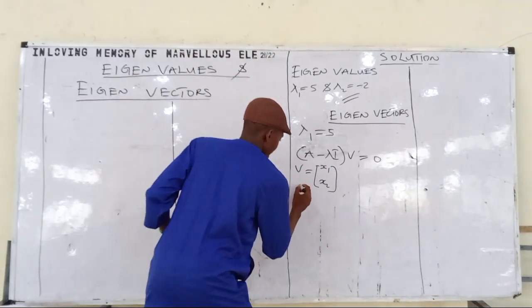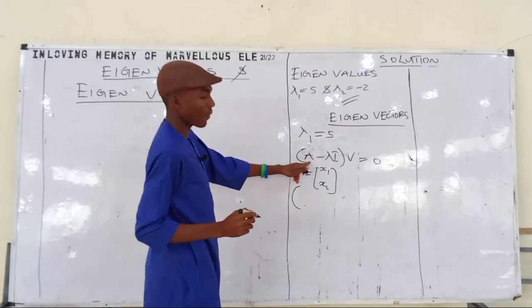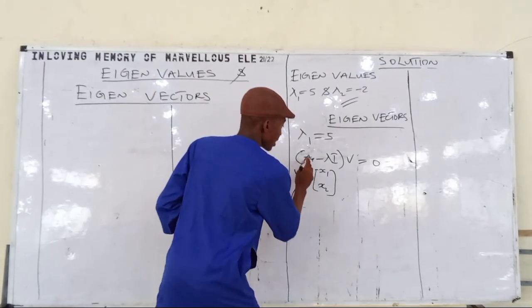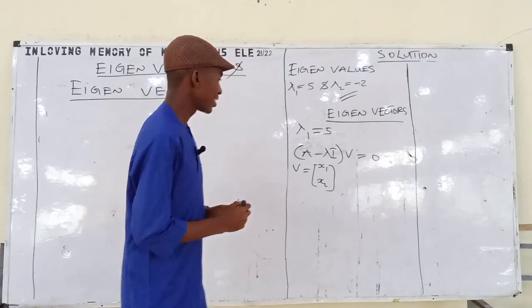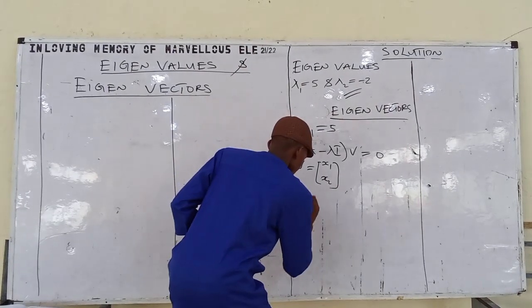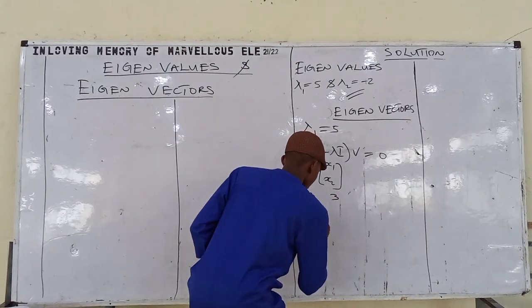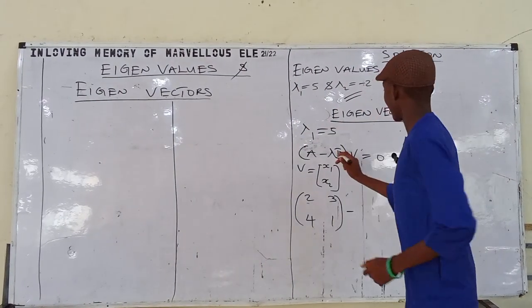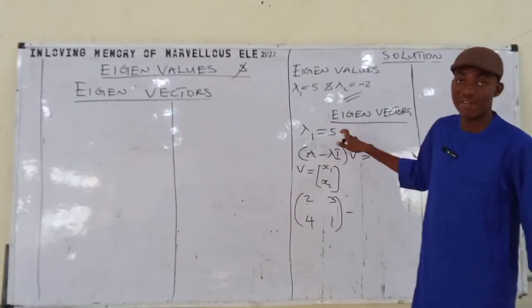From here now, we can say our matrix A is [2, 3; 4, 1] minus lambda. And for here, we're doing for when lambda is 5.